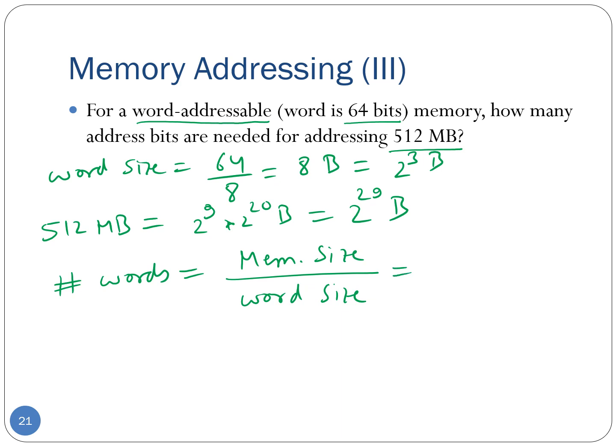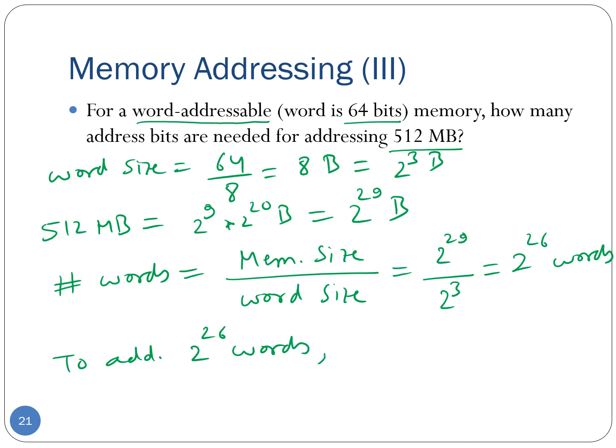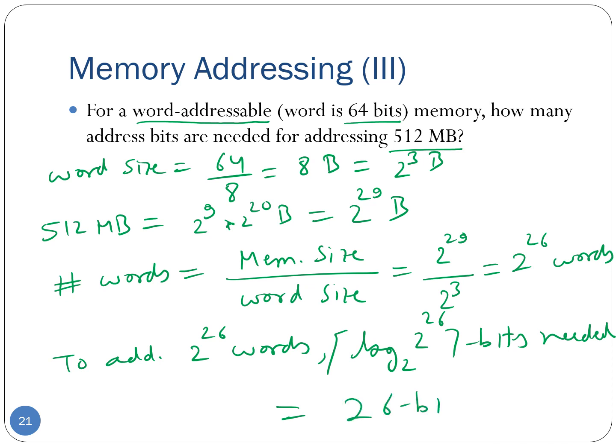Okay, so memory size is 2 to the power 29 and the word size is 2 cube, so this is basically 2 to the power 26 words. So to address 2 to the power 26 words, we need the ceiling of log base 2 of 2 to the power 26 bits. Okay, so this is simply 26 bits.